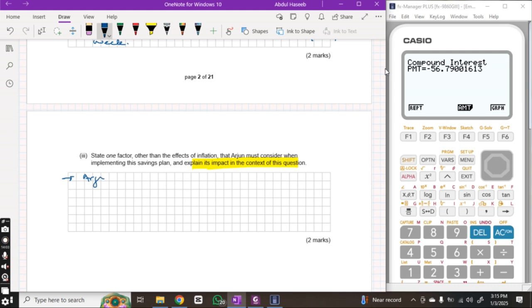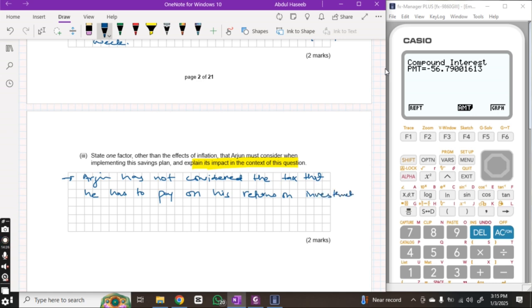So Arjun has not considered the tax that he has to pay on his returns on investment.